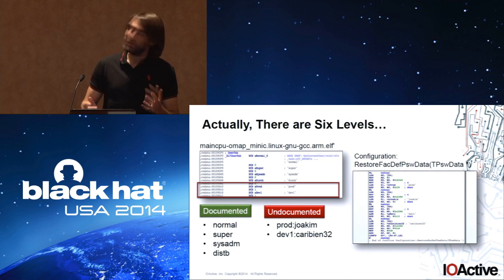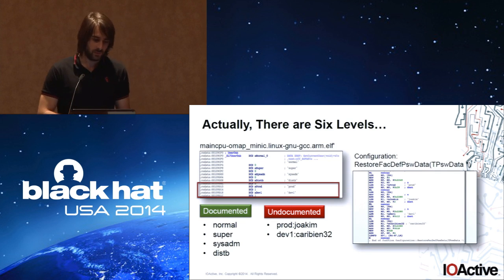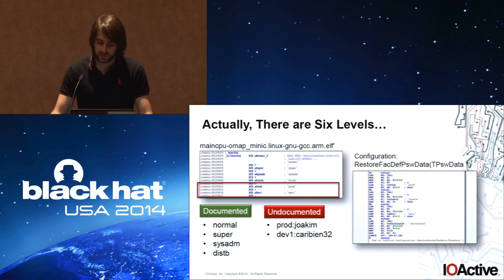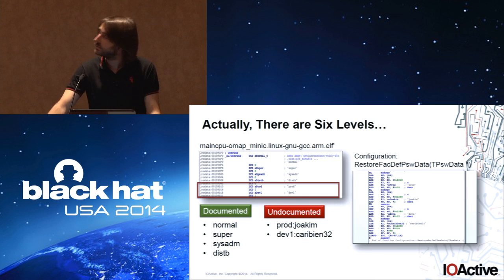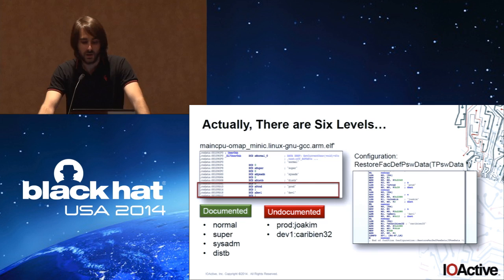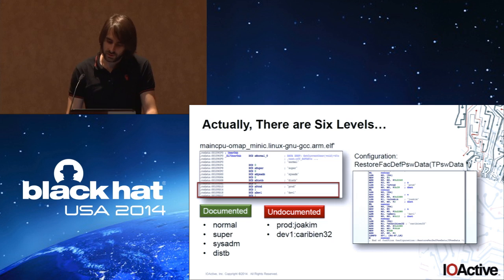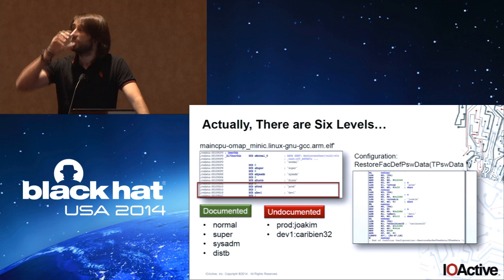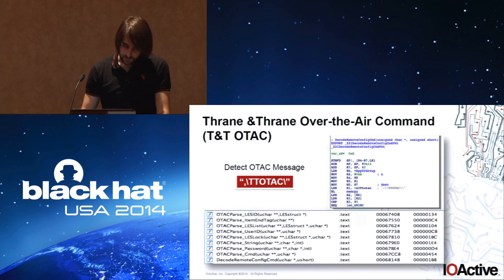So there are 6 levels in the firmware, the documented ones and the undocumented. We can retrieve the passwords from that function, which is intended to restore the default factory passwords.